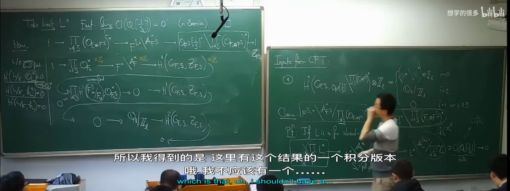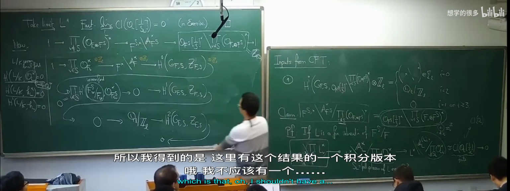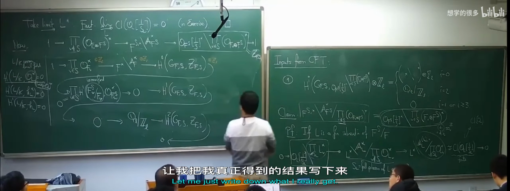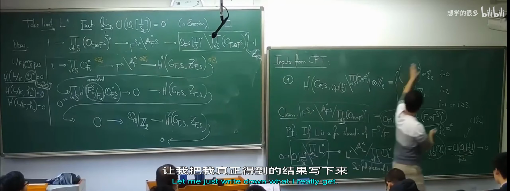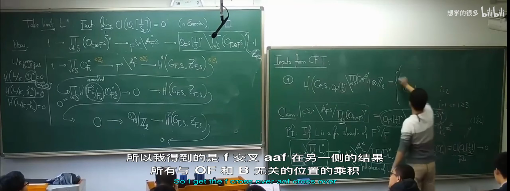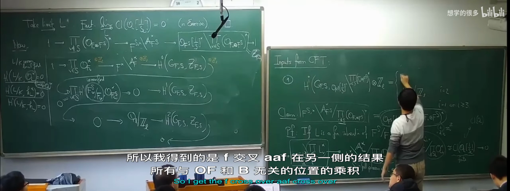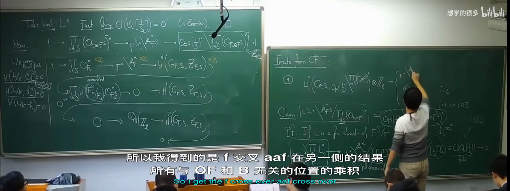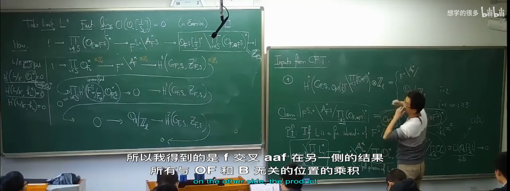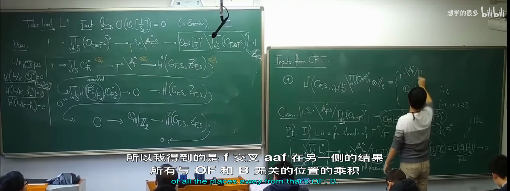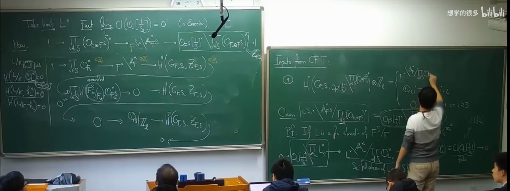Oh, I shouldn't have; let me just write down what I really get. So I get F cross over A_F cross over, on the other side, the product of all the places away from S, O_Fv cross.